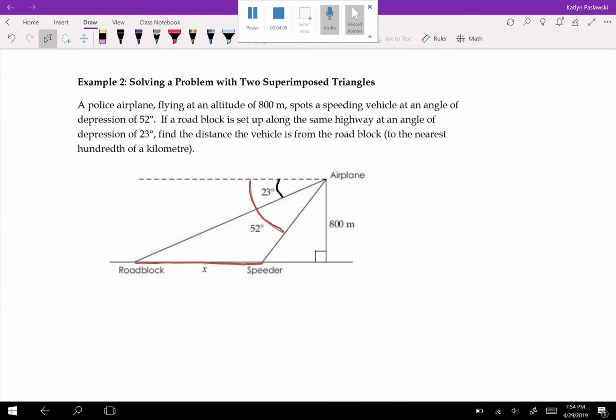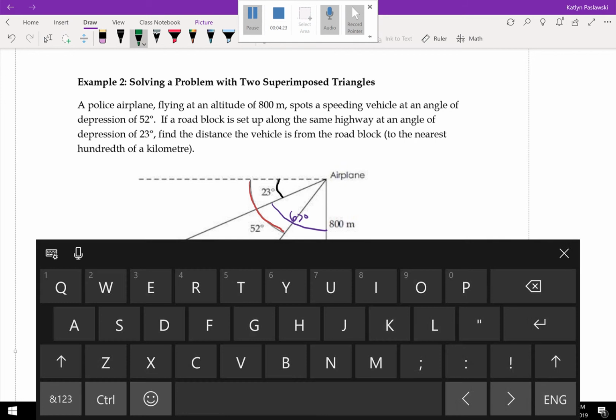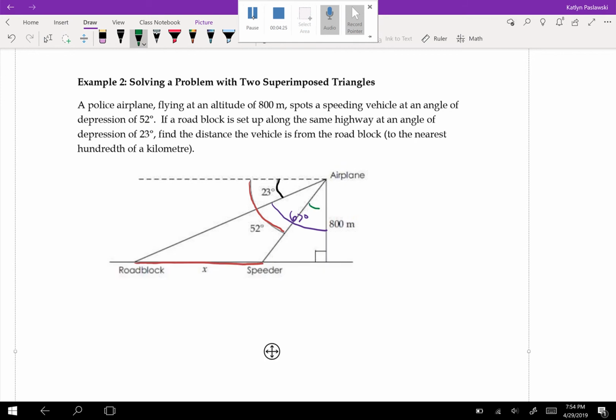And if we were to solve for this angle here, we would have 90 minus 23 to give us 67 degrees. And we also want to solve for this angle here, which would give us a value of 38 degrees.